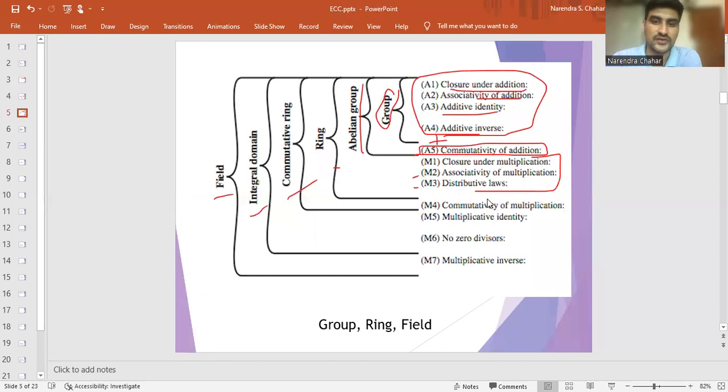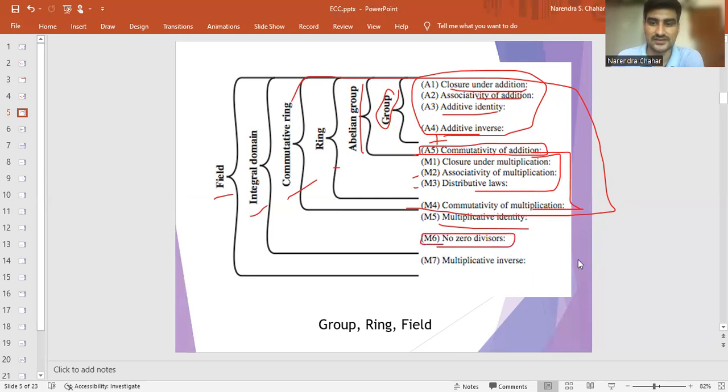For the commutative ring, we add one more thing, that is commutativity of multiplication. This is completely a commutative ring.